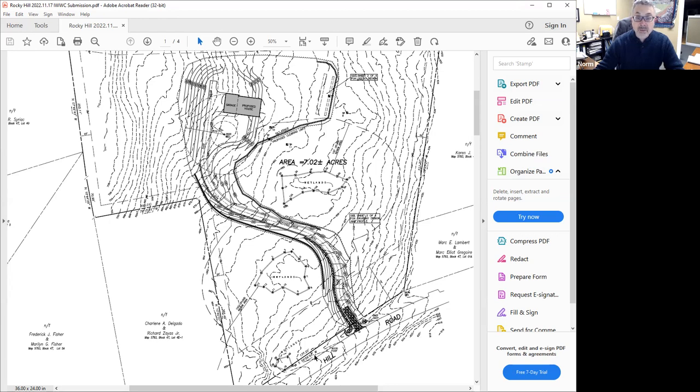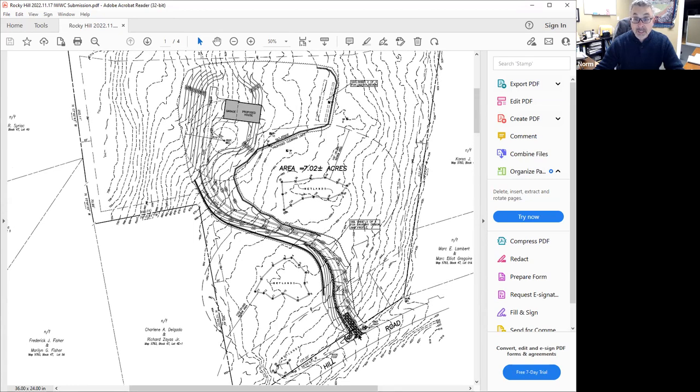There is a pretty pronounced swale along the northern side of Rocky Hill Road already. So we are incorporating a pipe into our design beneath the driveway at the entrance, that will allow flows that currently flow in that swale to continue in the direction they currently go.